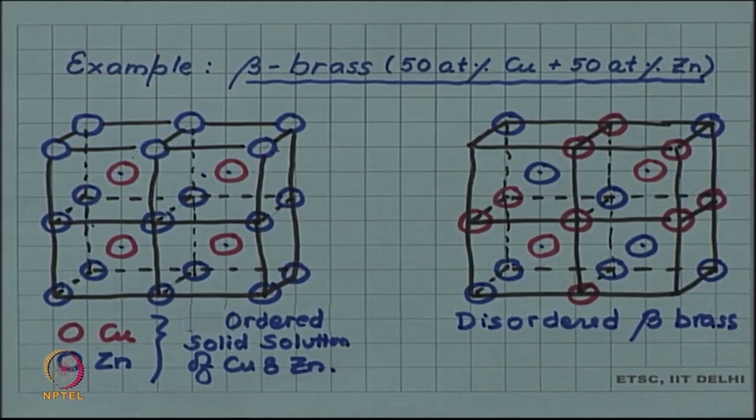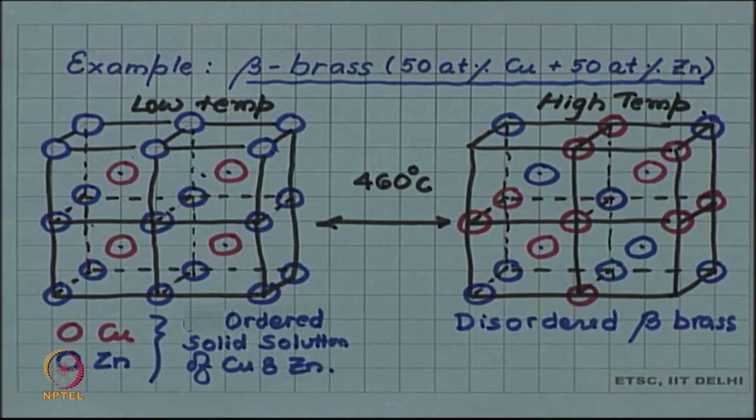And what happens in nature, which we will look at in a little more detail when we discuss the topic of phase diagrams, is that these two structures interchange at a temperature of about 460 degrees Celsius. So, at lower temperature, below 460 degrees Celsius, you will have the ordered structure, and above 460 degrees Celsius, you will have the disordered structure of beta brass.